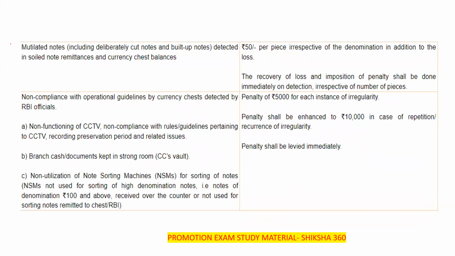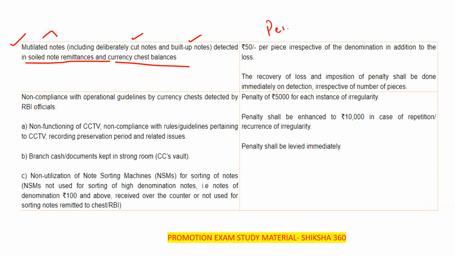Next issue: if mutilated notes, including deliberately cut notes and build-up notes, are detected in the soiled note remittances and the currency chest balances, how much penalty do they have to pay?